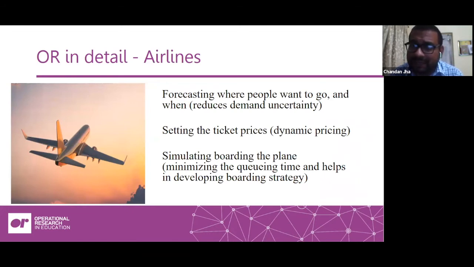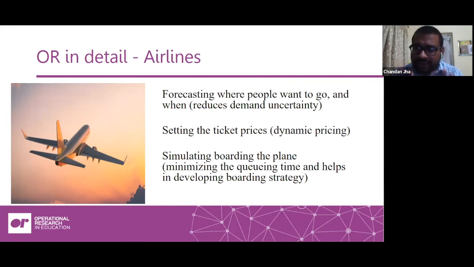Then setting the ticket price. Remember the example of dynamic pricing. This will change with respect to time, with respect to situation, and we can say location as well. For different situations, there will be different prices. So this will not be constant. This will vary with respect to other factors.